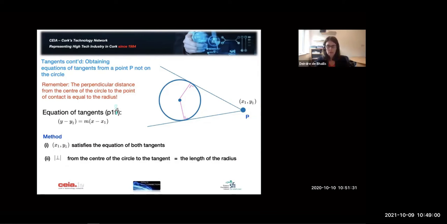So we are going to use both of those pieces of information to form the equation of the tangents. What we do is calculate m, and then write down the equation of the tangents. Once we have m, we can use the general equation of a line to form the equations of the tangents.